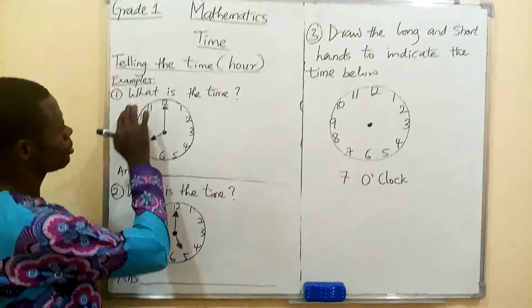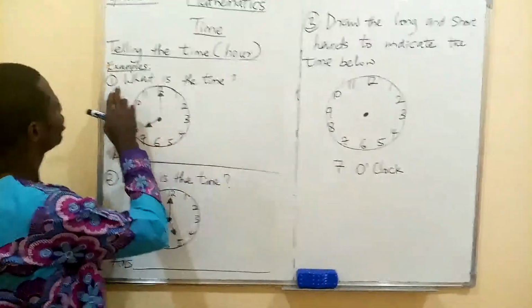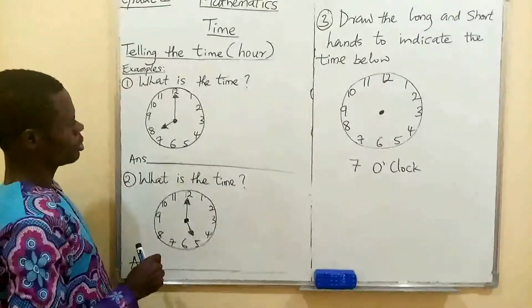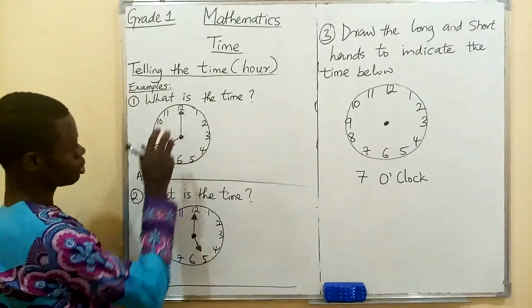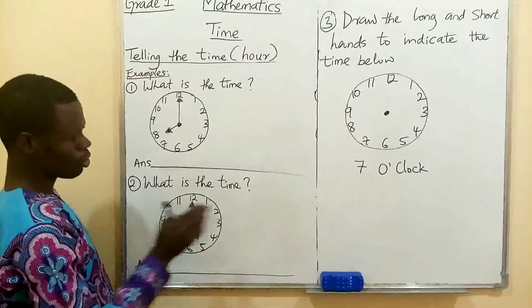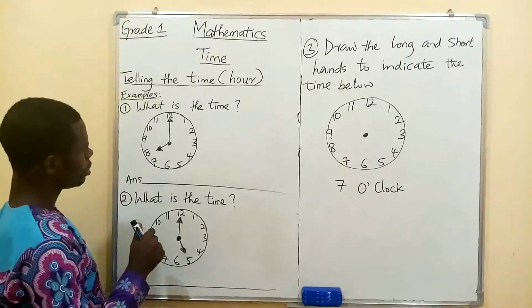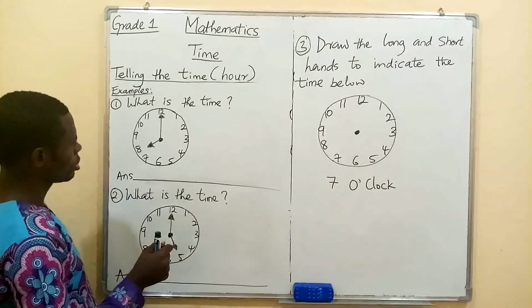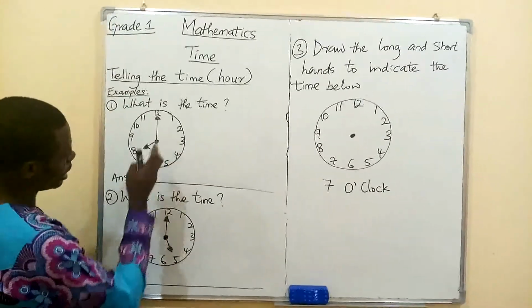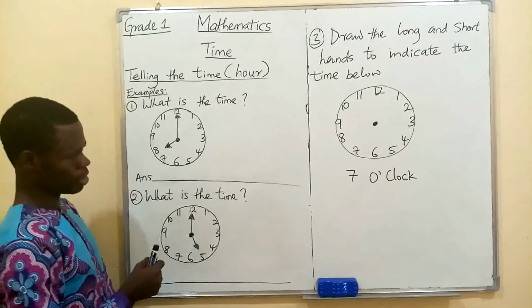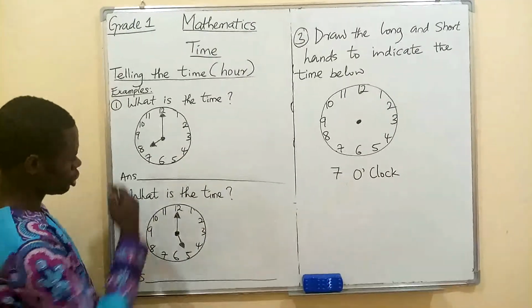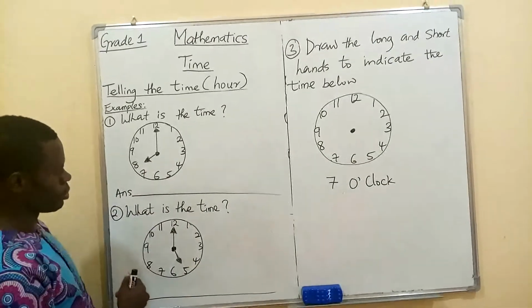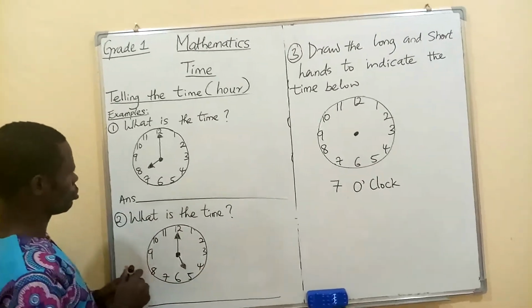Alright, here are some examples on the board. And number 1 is, what is the time? Alright, looking at the face of this clock, and based on what we did using the clock, I believe you can tell me what the time is, or let me just write it for you using these 3 examples before I give you something to do.